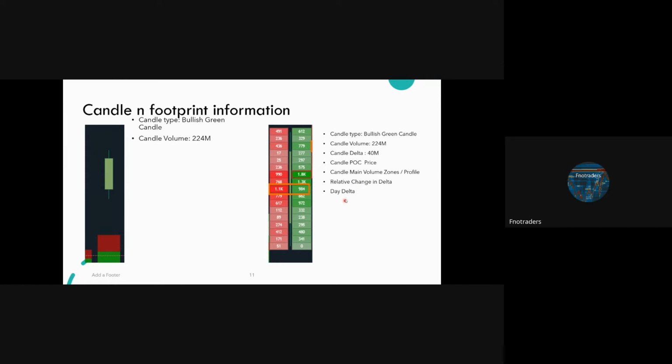You also see the cumulative delta, which is basically the day's delta getting traded throughout the day. Cumulative delta is one of the best indicators to get started with order flow. If you're new to order flow and want to start with it, cumulative delta is again one of the finest indicators to get started with. We'll cover that again.